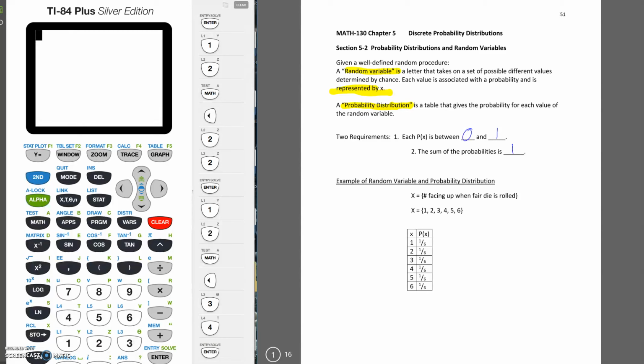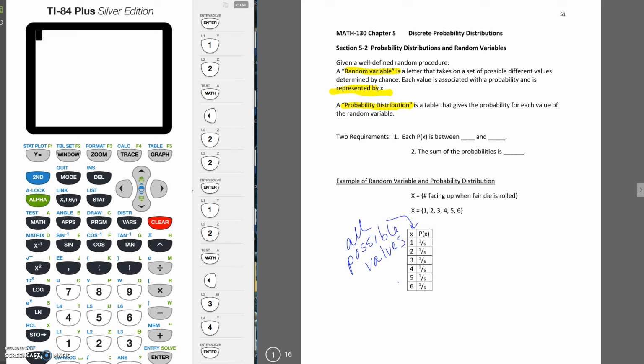So here's an example of a probability distribution. x is going to be the number facing up when a fair die is rolled. So you roll the dice, and the possible values are 1, 2, 3, 4, 5, and 6. Here we list all of the possible values for x, and then on the right-hand side, we list the probabilities.